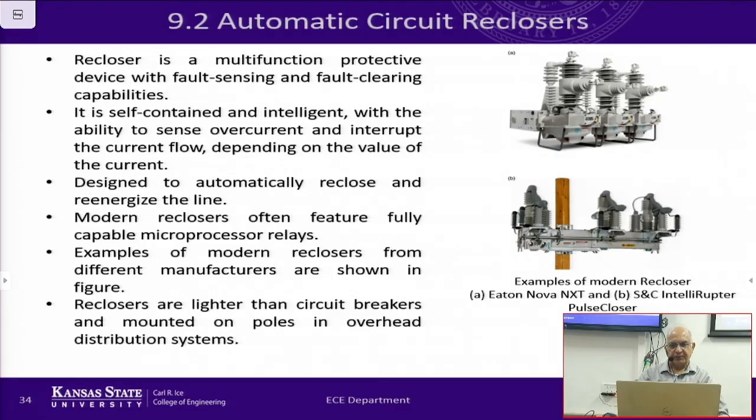And of these two pictures that you see here, the top one is the Nova NXT, and Eaton is the company that makes it. And then this one is called the SNC Interrupter Pulse Recloser, and this is made by SNC.